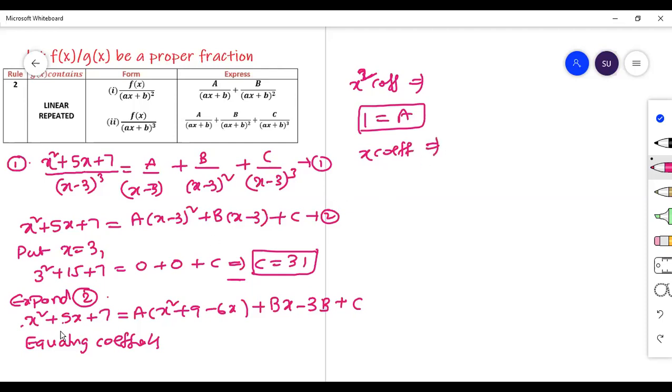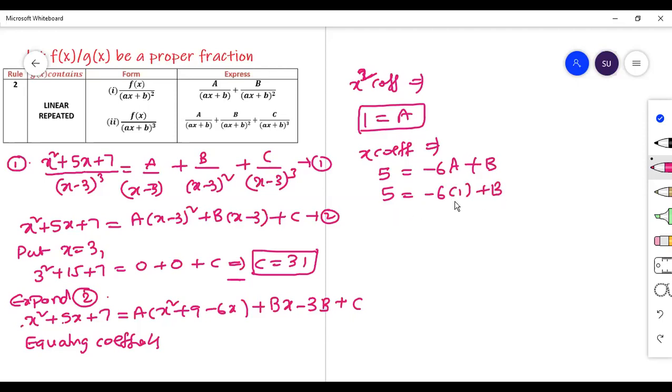What is the x coefficient on the left hand side? 5x is there, so 5 is equal to, on the right hand side, A into minus 6x, so minus 6A, plus Bx, from which we take B. So minus 6A plus B is equal to 5. But we already know the A value, so 5 is equal to minus 6 into 1 plus B.